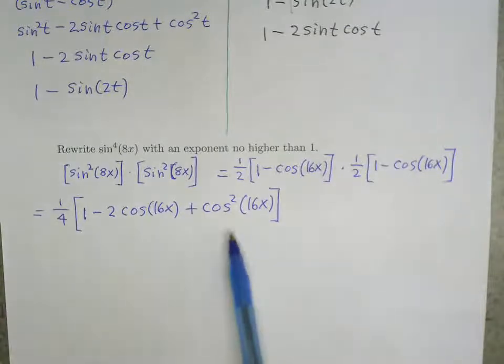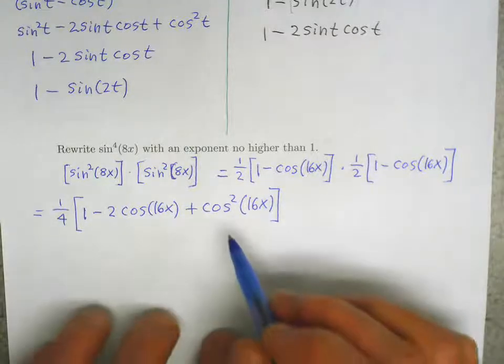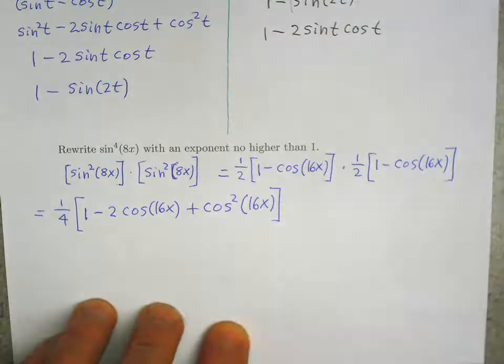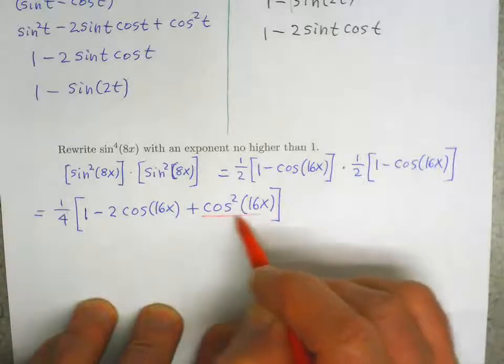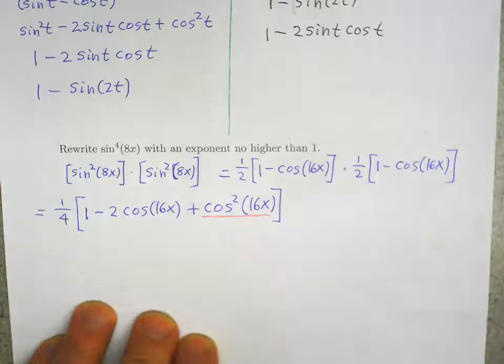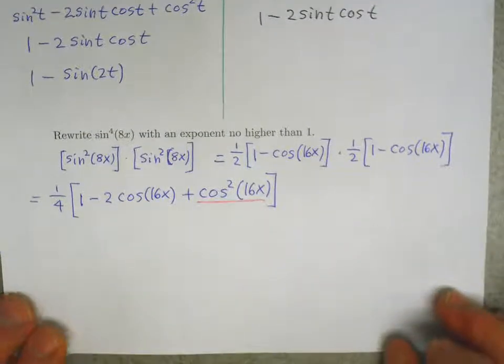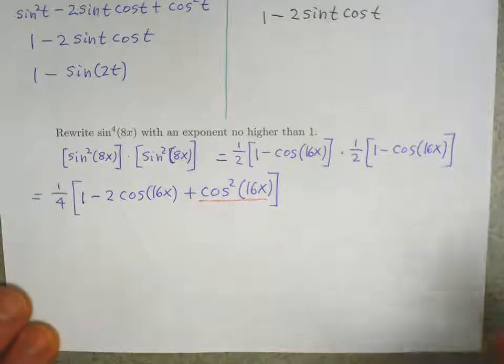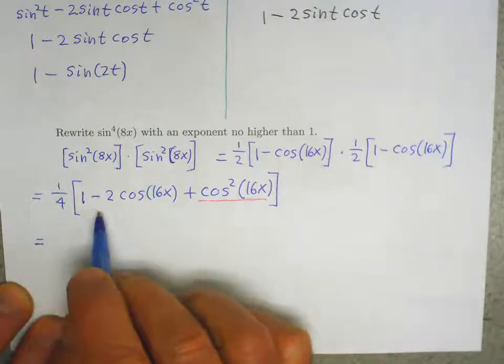Well, we still have a term with an exponent higher than 1. So now we can use a reduction formula for cosine of 16x squared. So let's rewrite what we have up to this point.